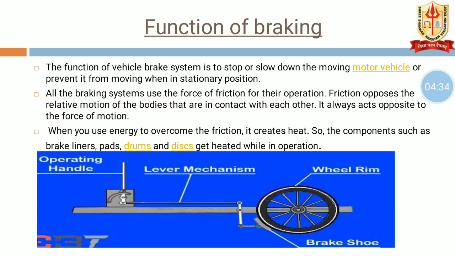And during friction, some amount of heat is generated. That heat is going to affect the process of braking, and it affects the parts involved in the braking system. Those parts are brake liner, pad, drum, and disc.